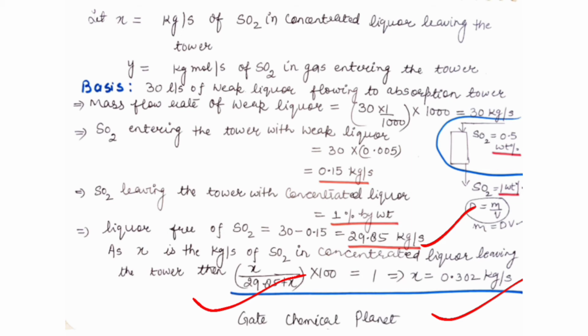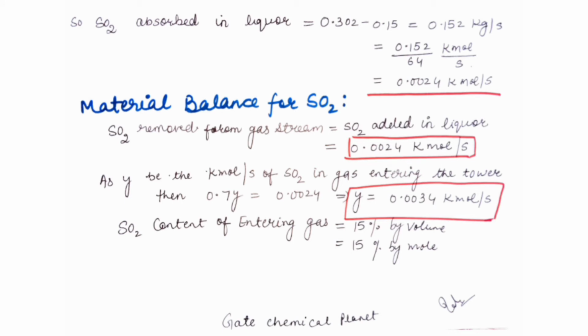Okay, so now the SO2 absorbed in the liquor. How will we calculate it? The SO2 absorbed in the liquor will be equal to 0.302 minus 0.15, which equals 0.152 kilograms per second. But the answer is asked in kilomoles per second, so we will divide it by the molecular weight, which is 64.